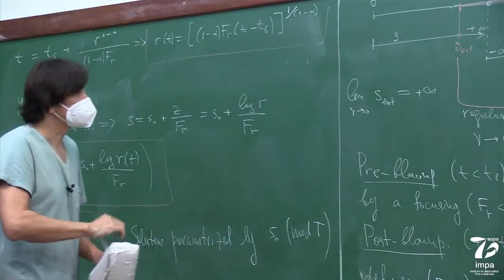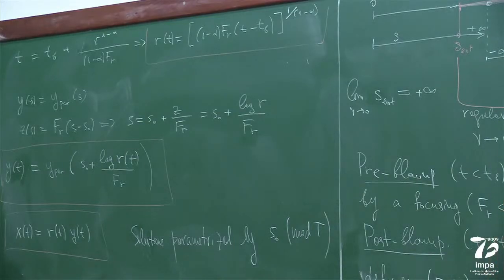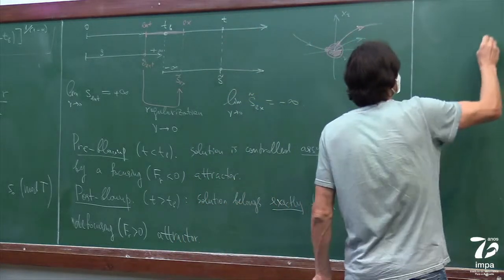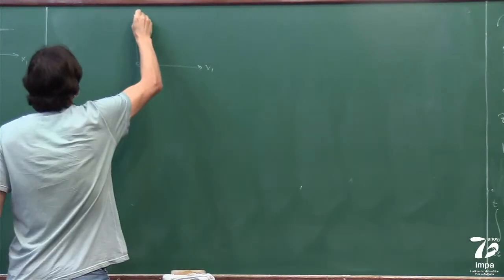So what does this mean? It means that our consideration is exactly this: the solution belongs to the attractor after the singularity. So the singularity is here. So it's at least three-dimensional.